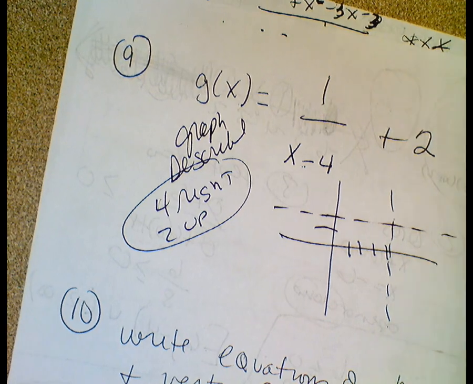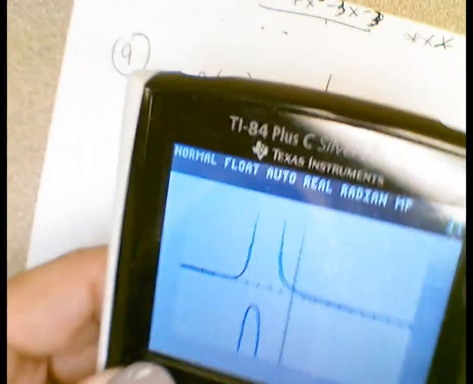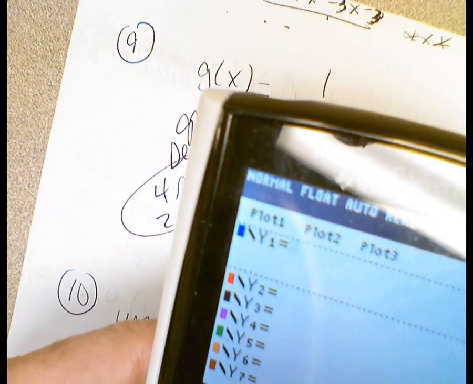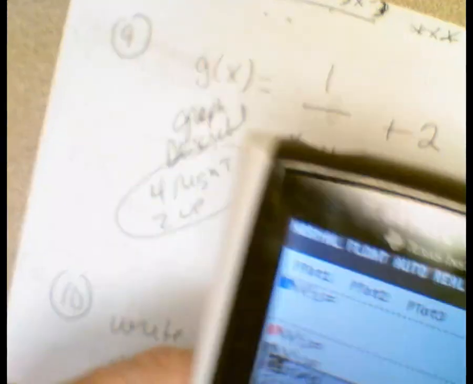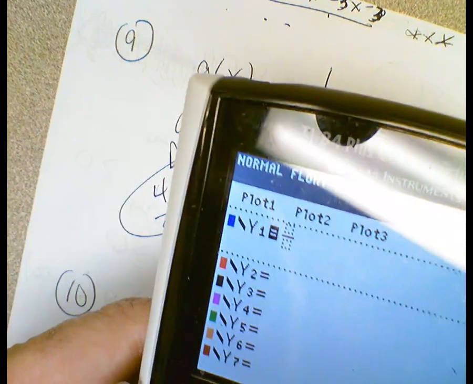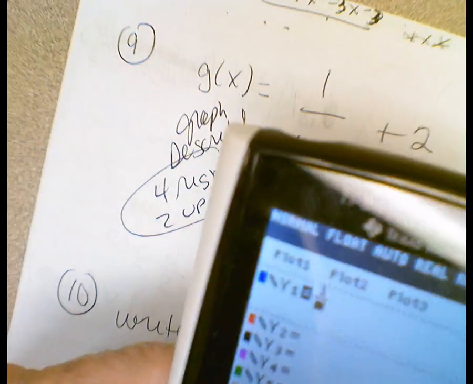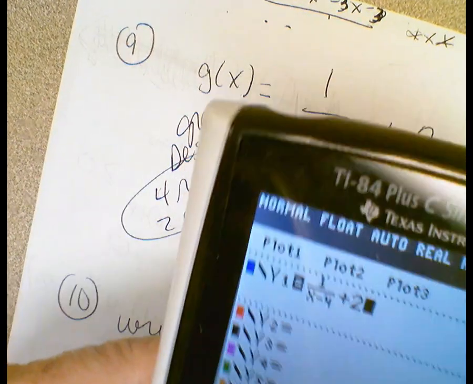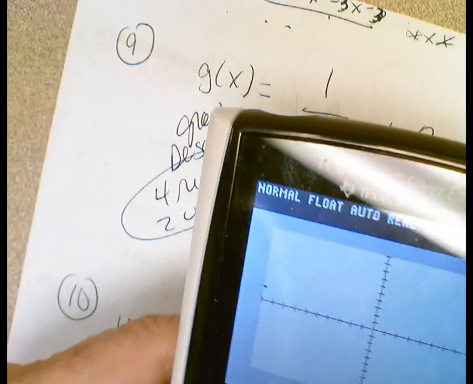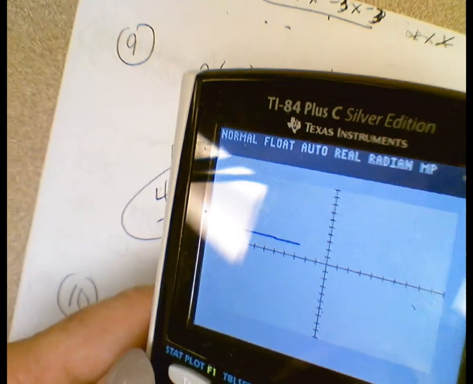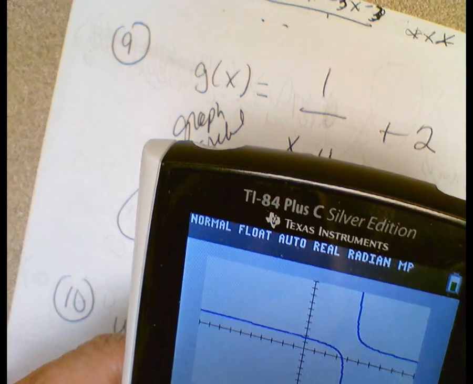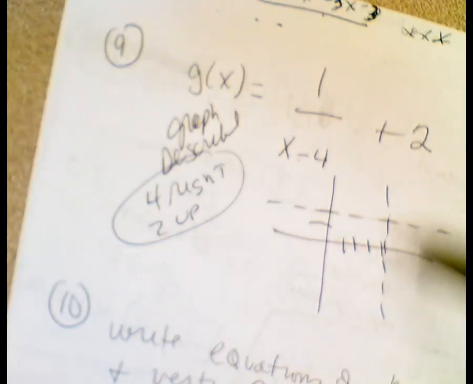So, let's just graph it. Alpha y equals 1 divided by x minus 4, and then plus 2. So you want to get some points around this asymptote of 4.